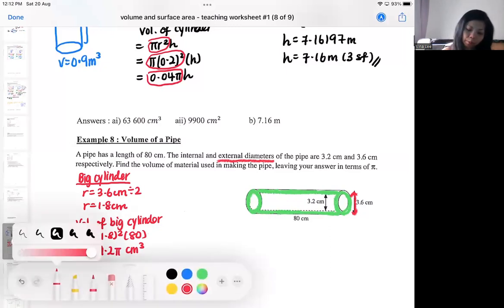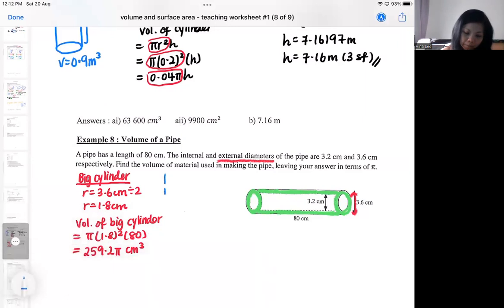Then after that, I'm supposed to find the small cylinder. The small cylinder is the one that is inside. So you're going to dig out that cylinder.